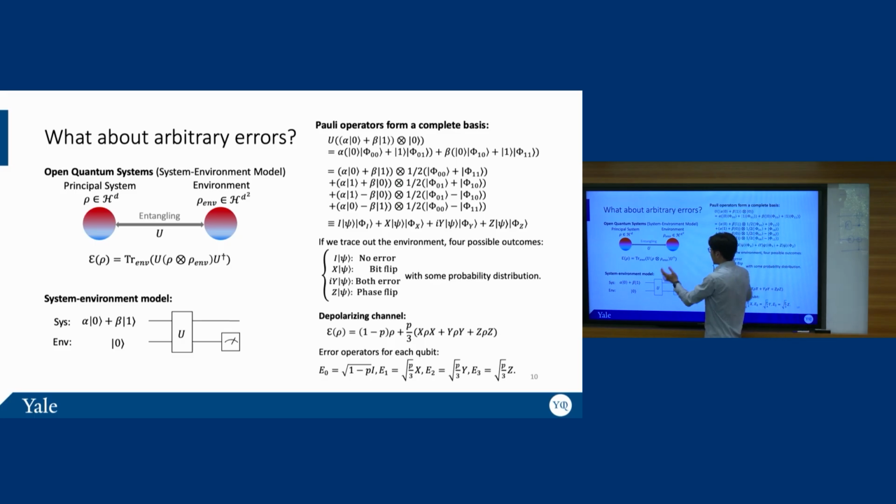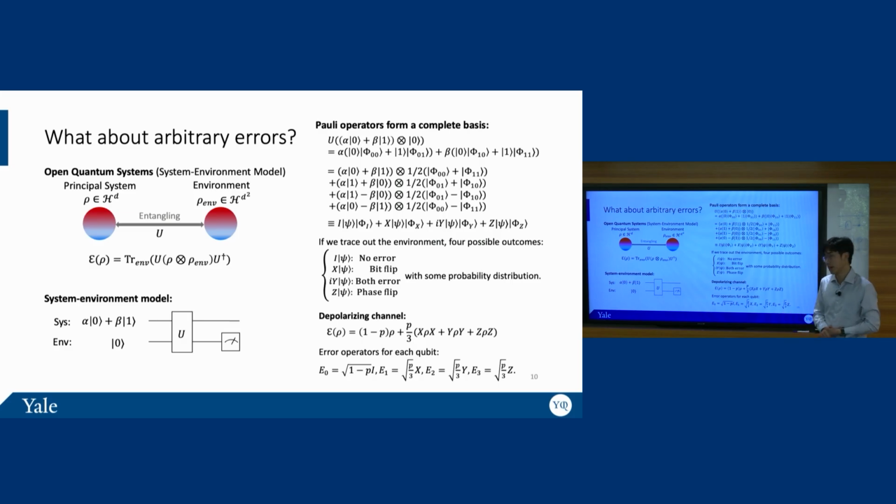So what I'm trying to say here is that a clean mathematical abstraction of errors is a linear combination or probabilistic mixture of Pauli type of operations.